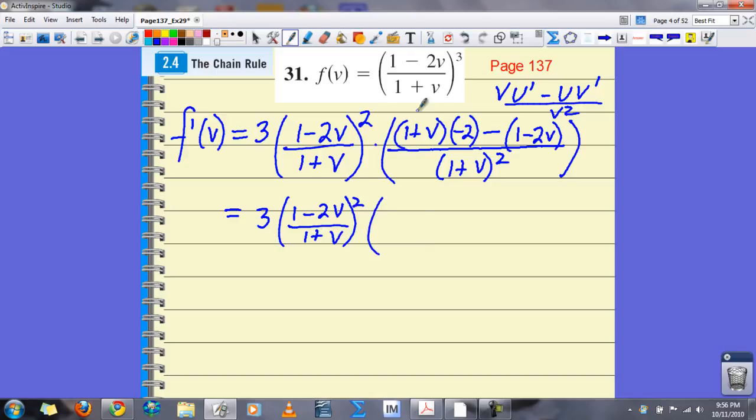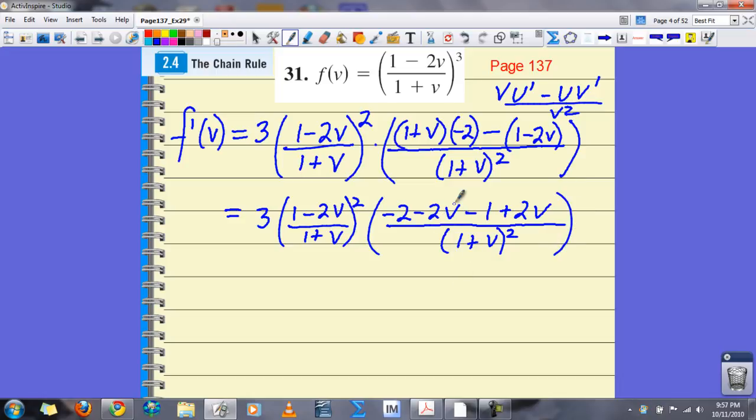And then we're going to distribute right here, so we should be getting -2 minus 2v. And then this negative, when you distribute it, you should be getting -1. And then this times this becomes positive 2v. All over 1 plus v all squared.